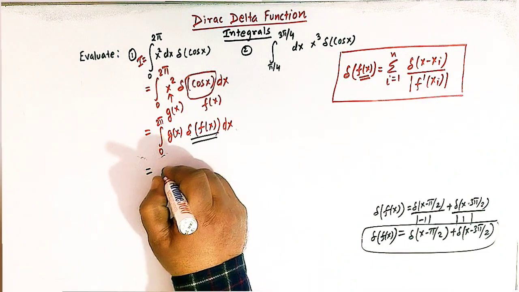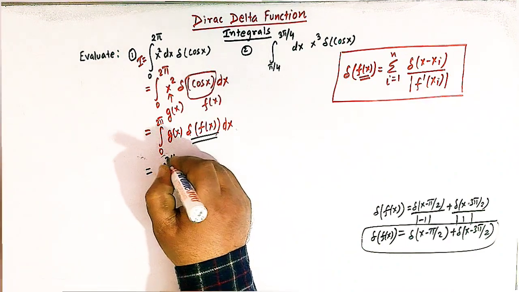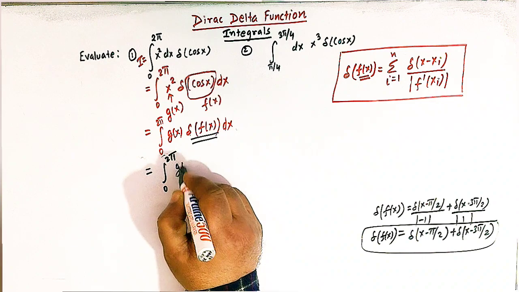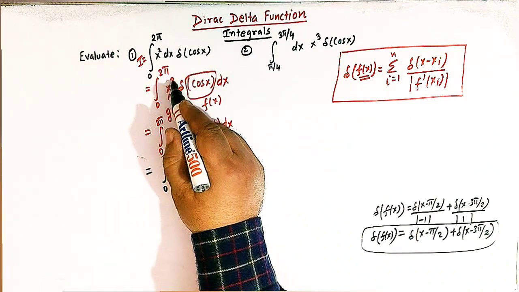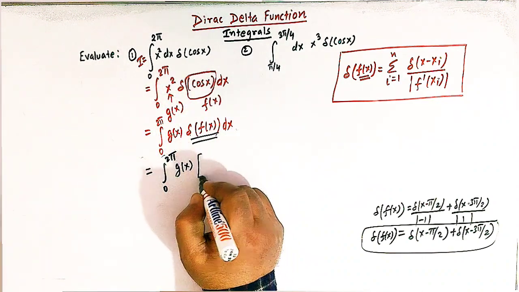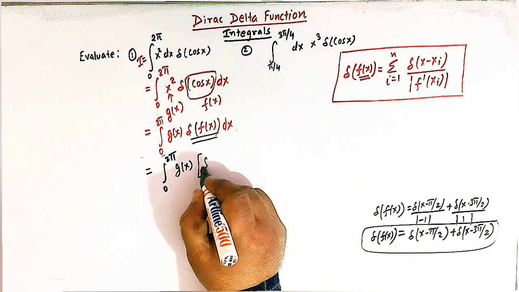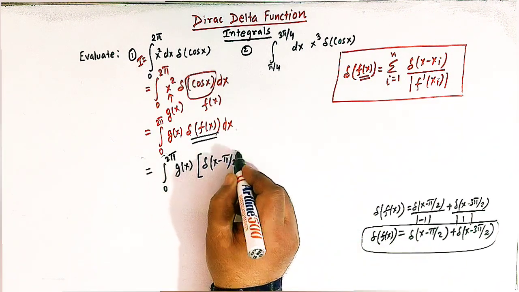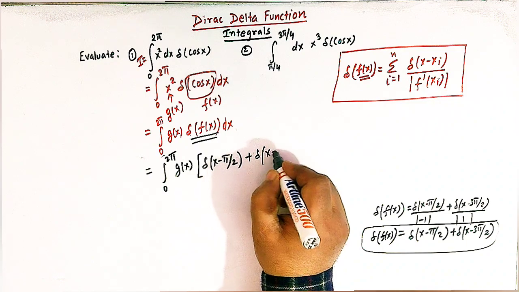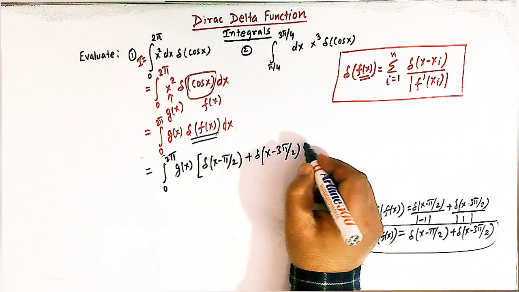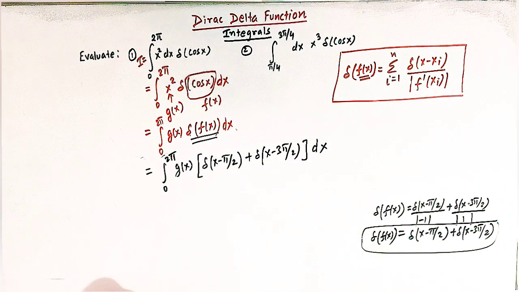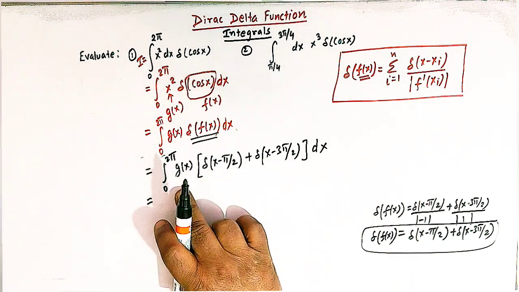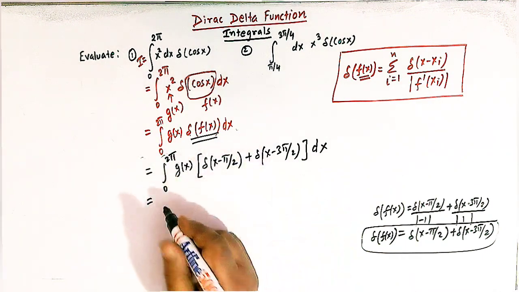So now we have the integral from 0 to 2 pi of g of x, which is x square, times delta of x minus pi by 2 plus delta of x minus 3 pi by 2, dx. Now we can write this expression as a sum of two integrals.